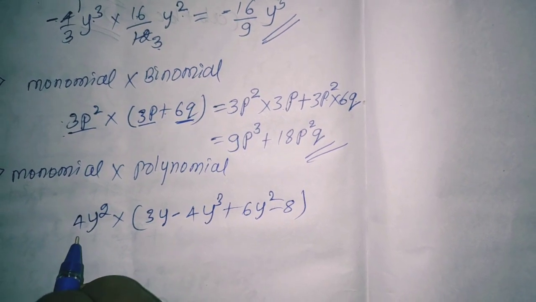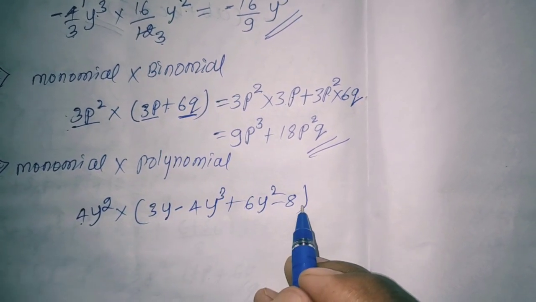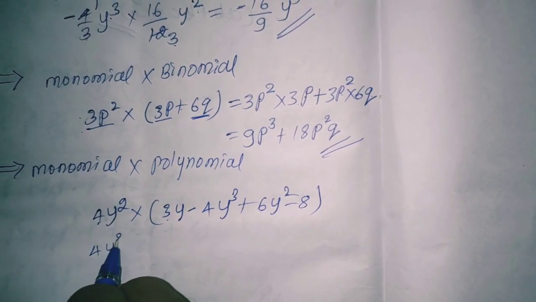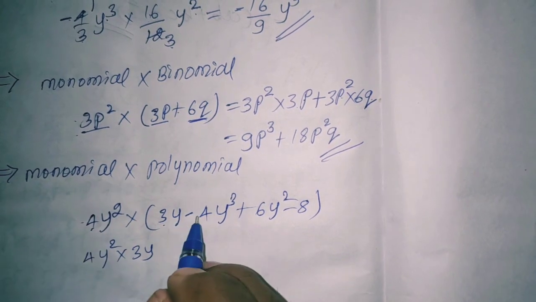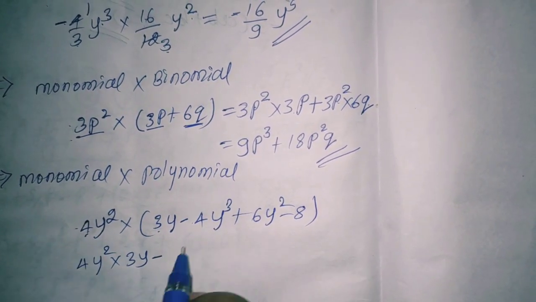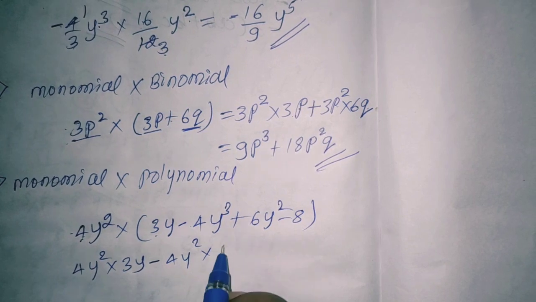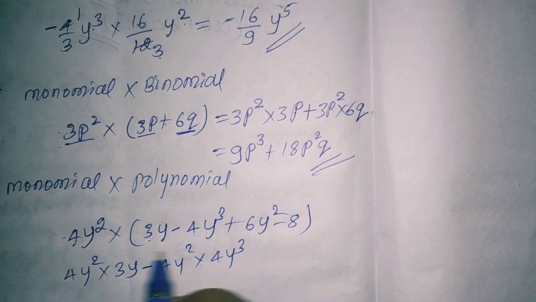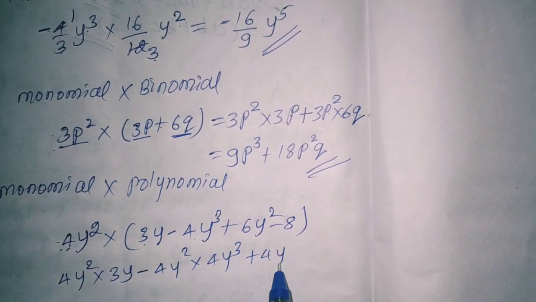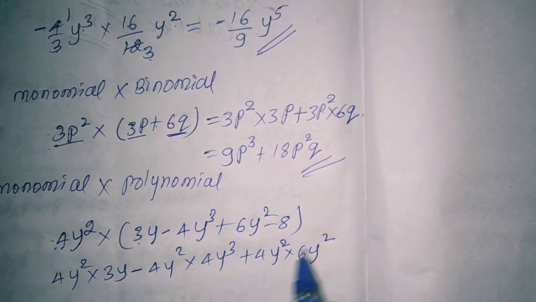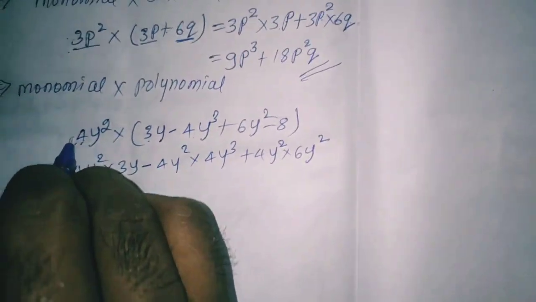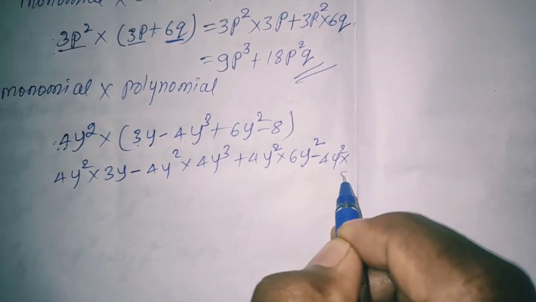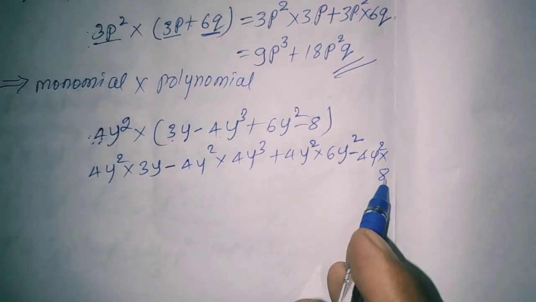So now the same procedure, each term is multiplied with all the terms. 4y square is multiplied with 3y, then here plus into minus, minus 4y square is multiplied with 4y cube, then here plus into plus, plus only, 4y square is multiplied with 6y square, then plus into minus, minus 4y square is multiplied with 8. This 8 is as it is.